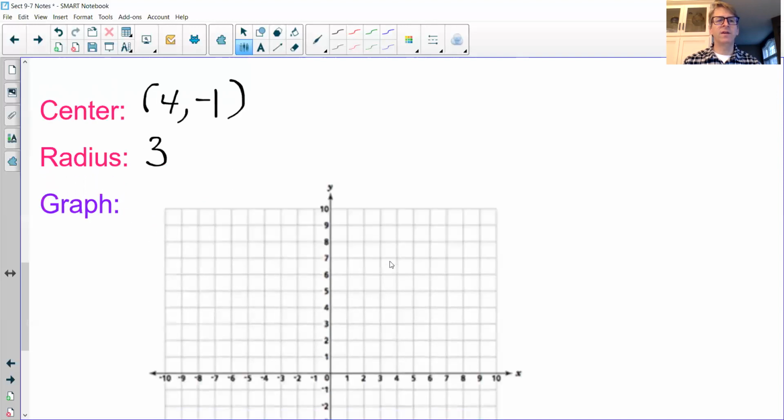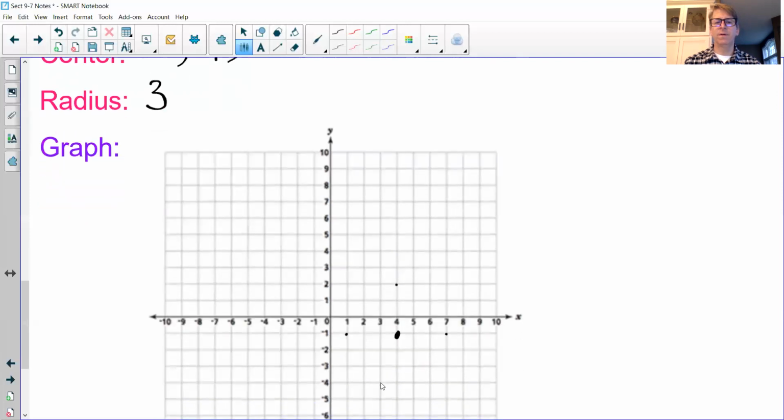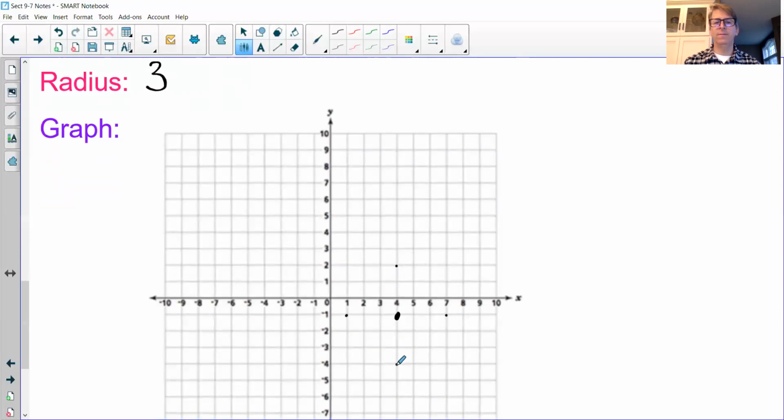Okay, so when you're graphing it again, the 4, -1, and then let's apply the radius of 3. 1, 2, 3, 1, 2, 3, 1, 2, 3, and 1, 2, 3. So we're going to swoop on up. And there is your circle. Center 4, -1 and a radius of 3.